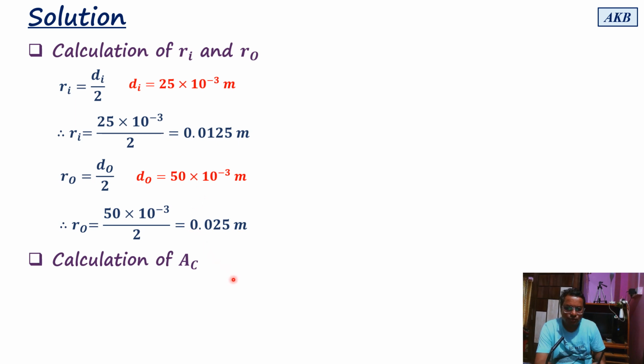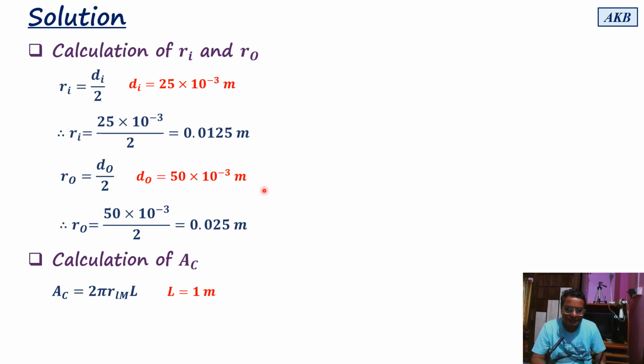Now let us move to the second step, where we are supposed to calculate the area through which diffusion is taking place. That is, we are supposed to calculate AC. I have already discussed this formula. For diffusion through the wall of a cylinder, the area through which diffusion occurs is given as AC is equal to 2 pi r_LM into L. Please refer to my earlier video to understand this.